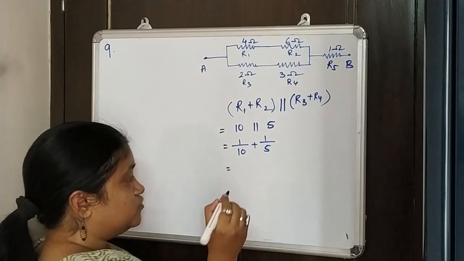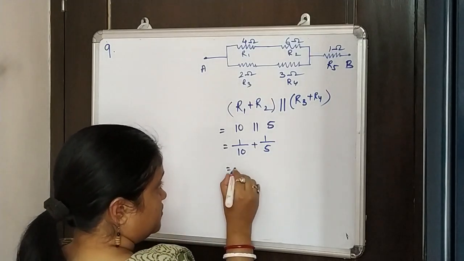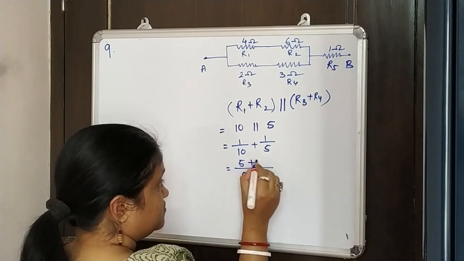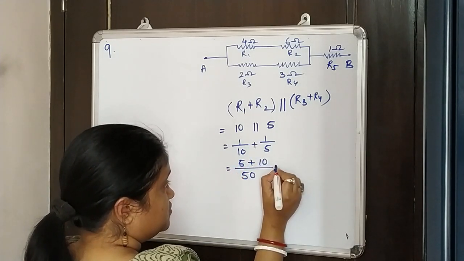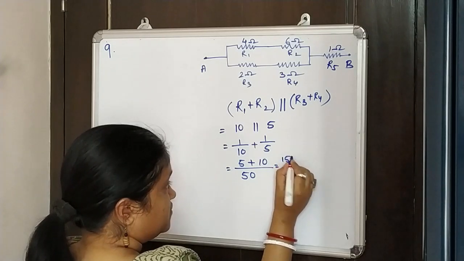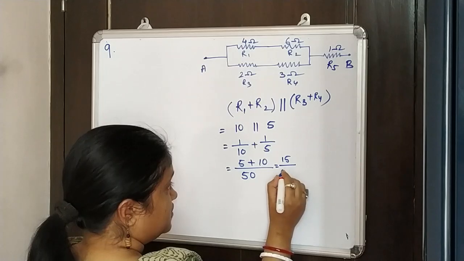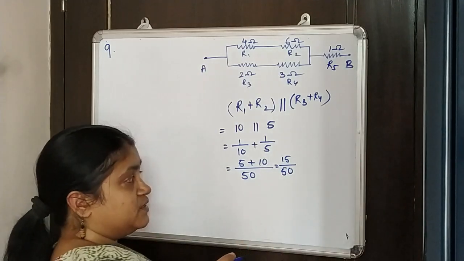If you do this, this will become 50. This is 5 plus 10, which is 15 by 50, right?